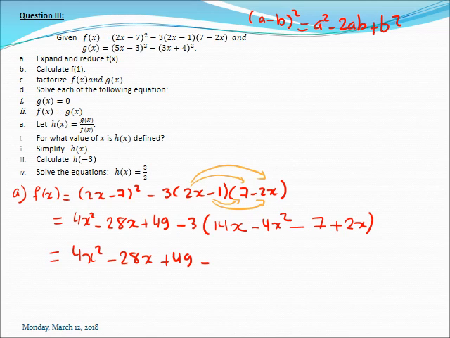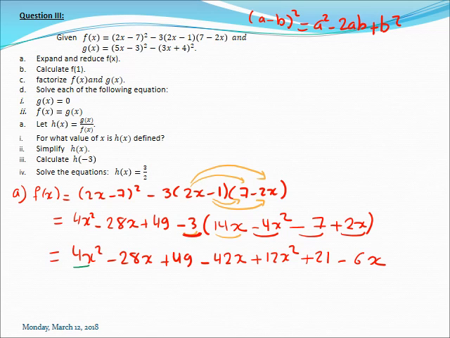Now 3 is multiplied by all the bracket, minus 3 times 14x, minus 42x, minus 3 times minus 4x square, plus 12x square, minus 3 times minus 7, plus 21, minus 3 times 2x, minus 6x.